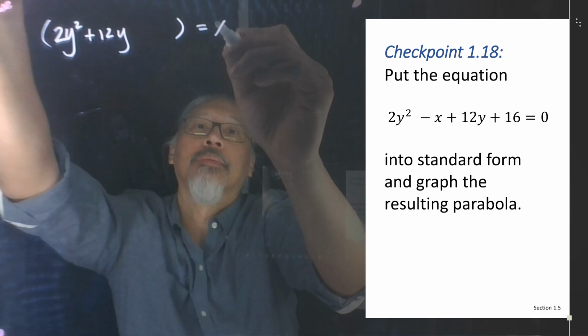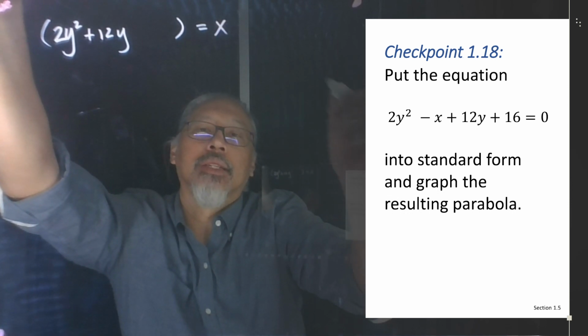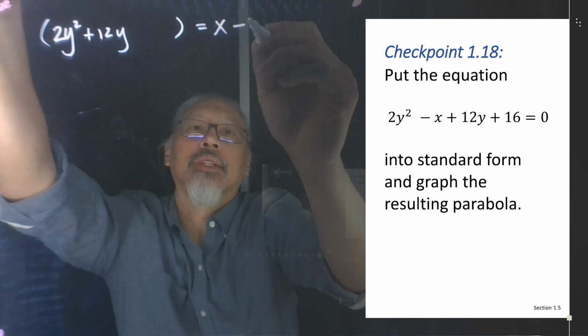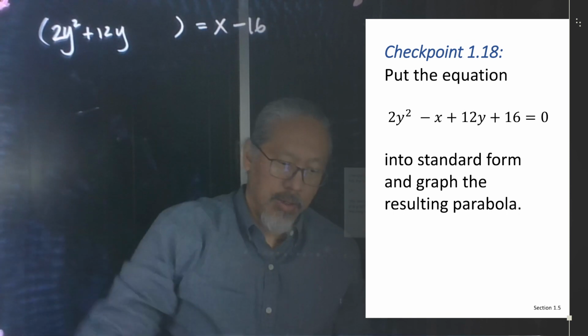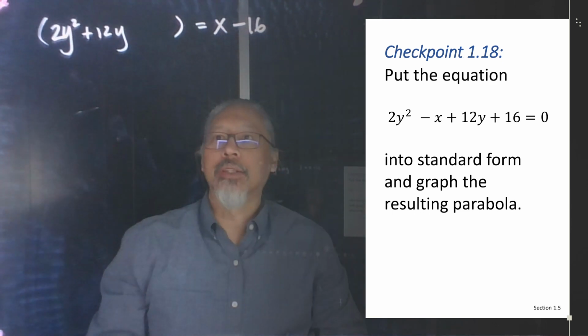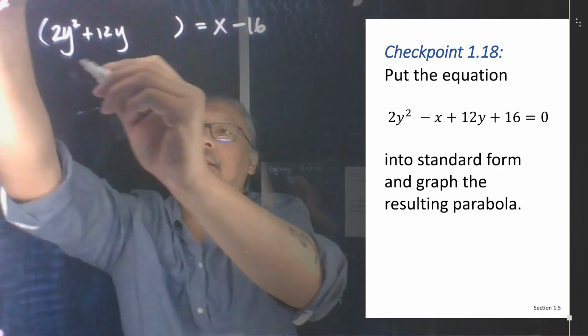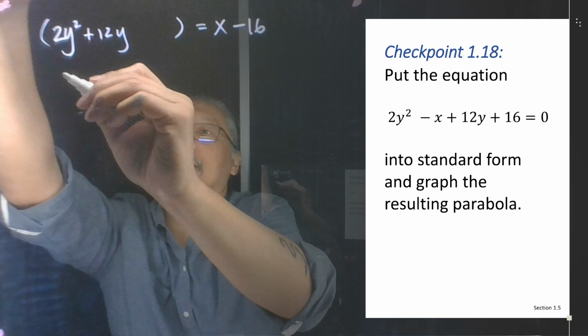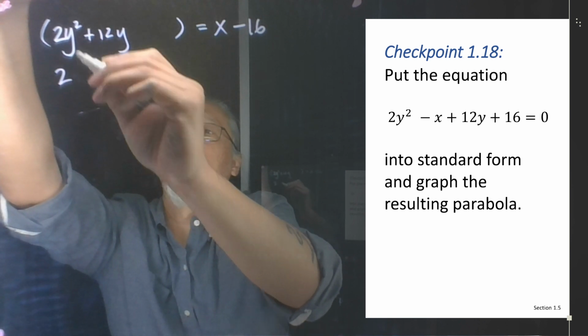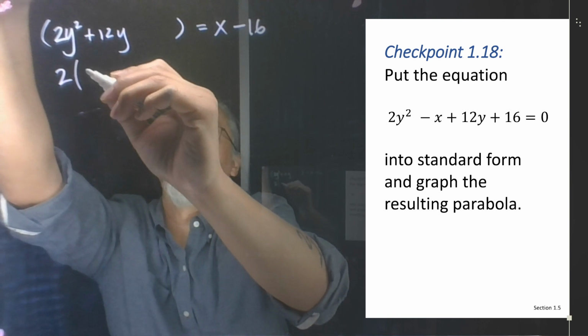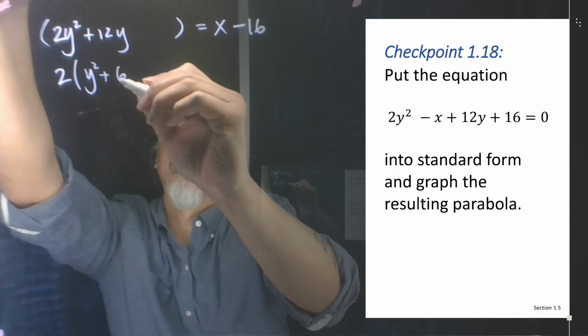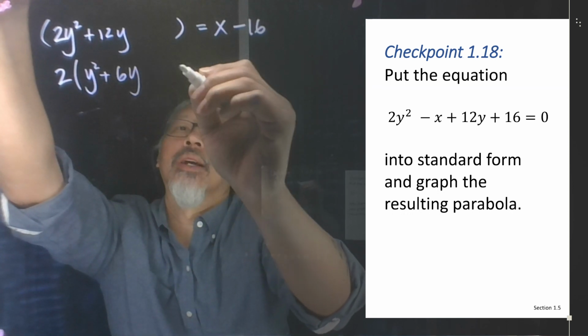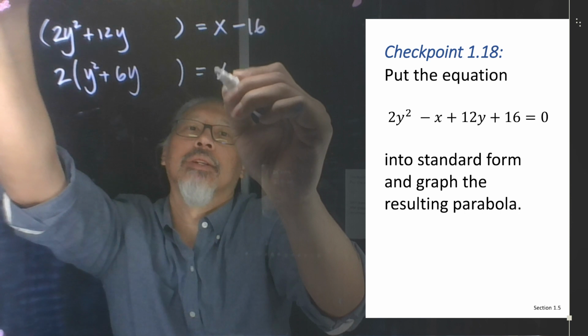So the x will become positive x, and the 16 will become negative 16. I left the space there because we need one more step here. You don't need to, but it'd be easier if we factor out a 2, and we have y squared plus 6y, and then we'll leave that space.